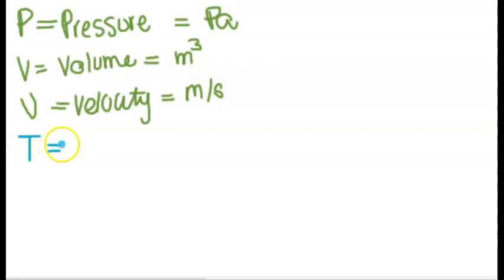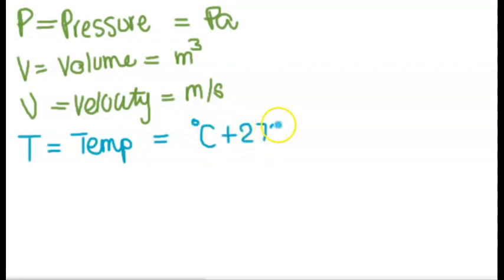T is for temperature. And we always convert into Kelvin. If it's given in Celsius, you have to add 273 because all the gas laws, they work in Kelvin. Then we got the M. M is mass.